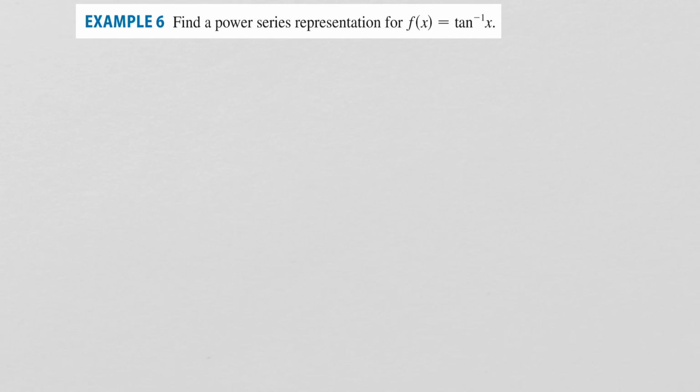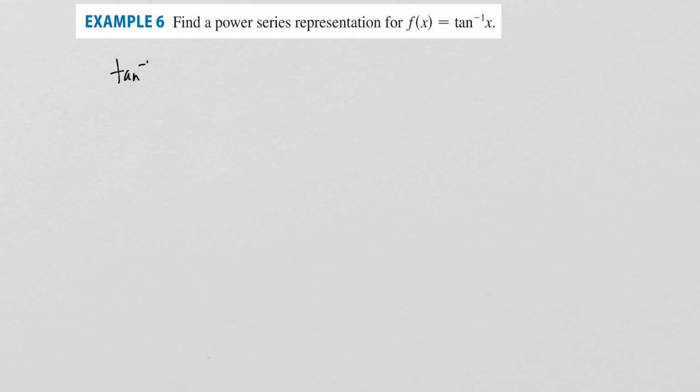Next, we want to find the power series representation for the function inverse tangent of x. So you got to think a little bit. What is inverse tangent of x? How can I express inverse tangent of x in relation to what we know about the geometric power series? Well, let's see.